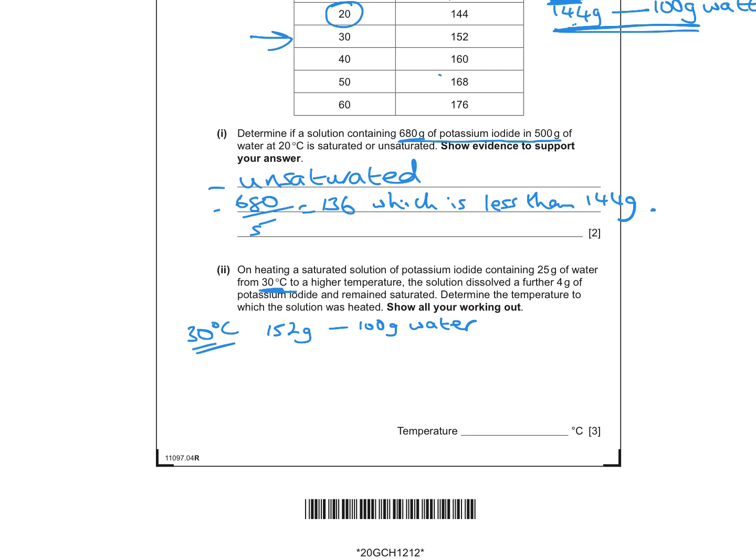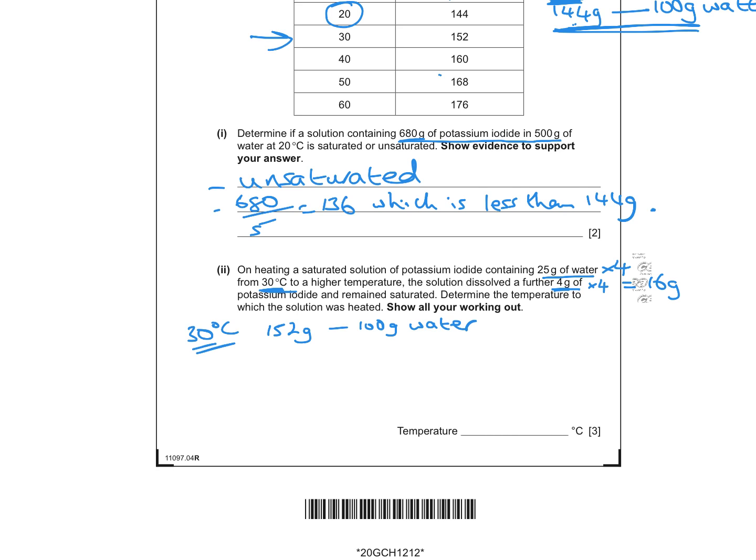So in this next part, if we have 25 grams of water and it dissolved a further 4 grams of potassium iodide, we've got to have the same mass of water. So I'm going to multiply this by 4, and that will bring the water up to 100 grams. That means I have to multiply this by 4. That'll be 16 grams. This is still at 30 degrees C.